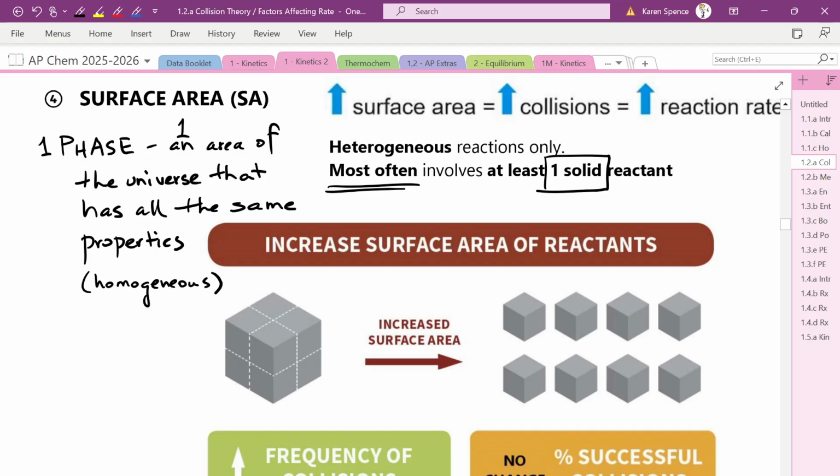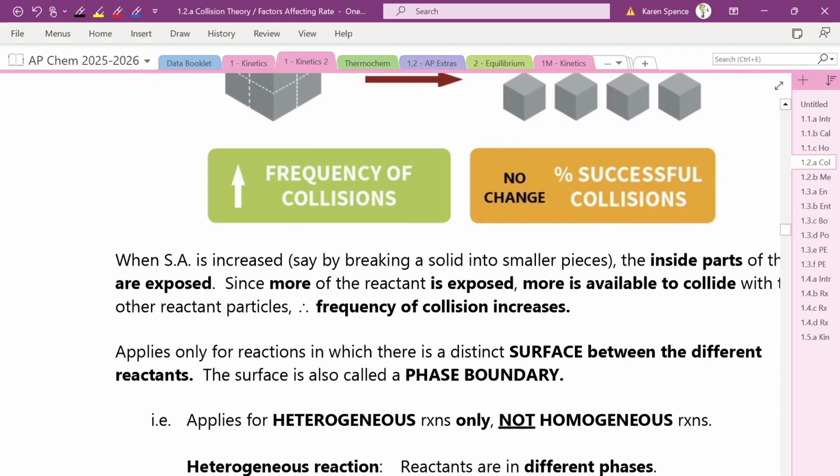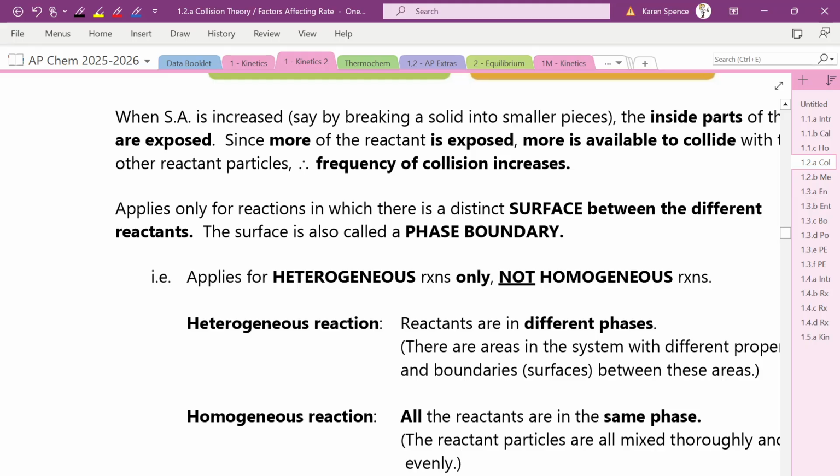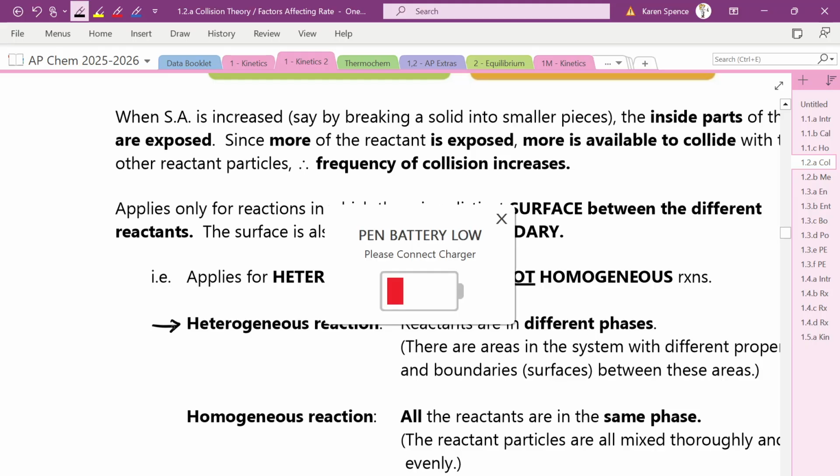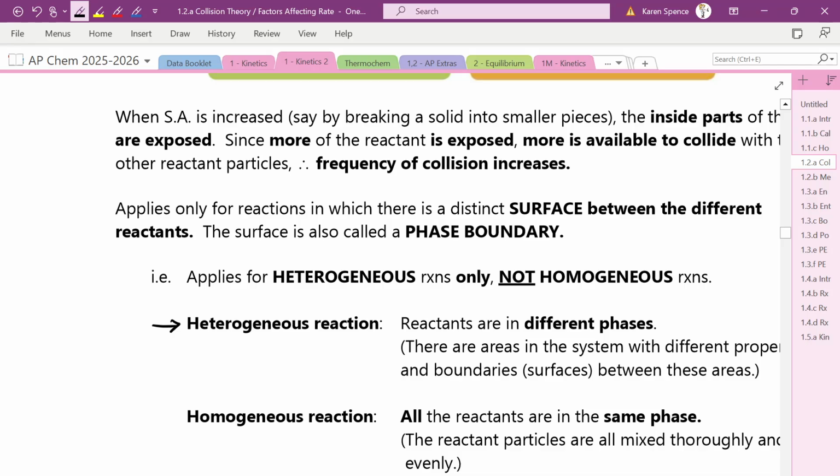So actually, I'm just going to skip over this part for just a moment and go down here. If something is heterogeneous, that means that we have two or more phases. A homogeneous reaction has only one phase.